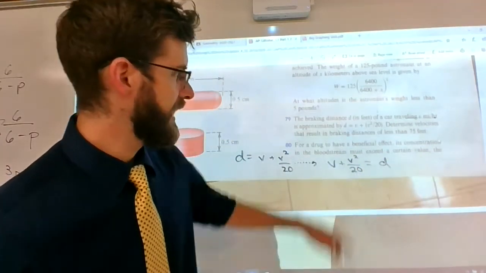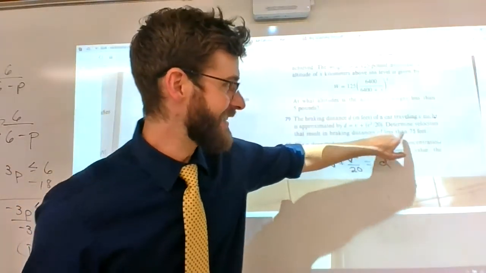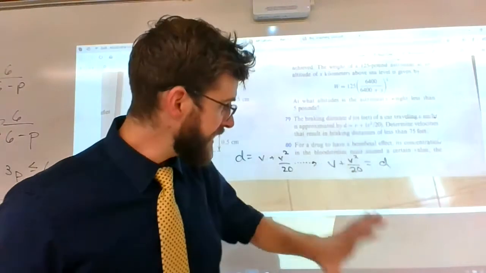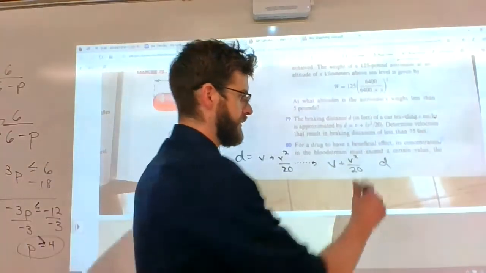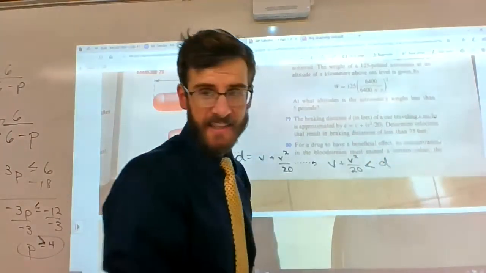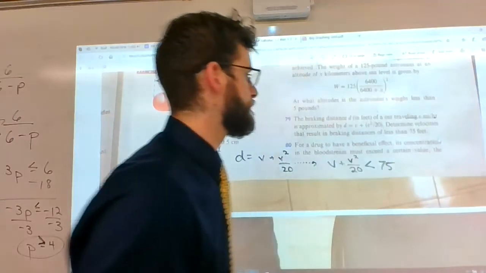Here's why. I'm not going to make the same mistake twice. It says less than 75 feet. The feet is the distance. Less than 75 feet.